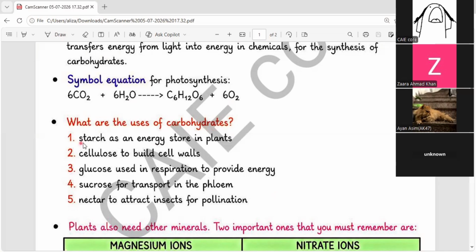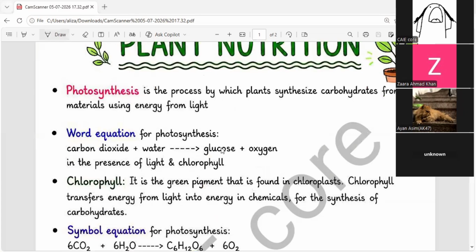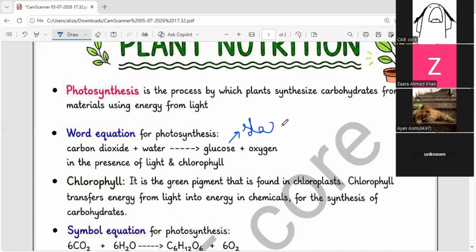Starch. First of all, what plants do is convert this glucose to starch, and they store it in the form of starch for their future use. Why is that so? Why don't they store it in the form of glucose itself?